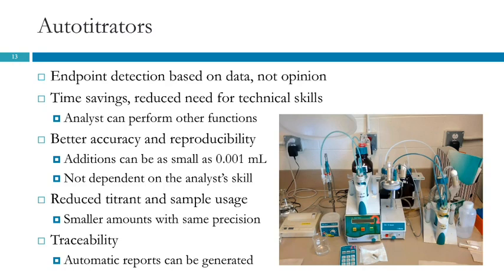Another advantage, though, is time savings. If you have an analyst doing manual titrations, that requires their entire attention. You really can't do anything else while you're doing manual titrations. It also requires a certain amount of technical skill. You have to have experience doing it. So by using the auto titrator, the analyst can be doing other things while the machine is doing the really, really boring part, right?